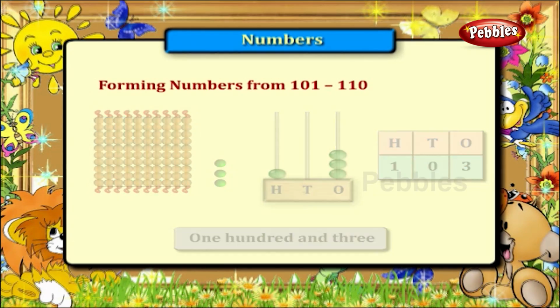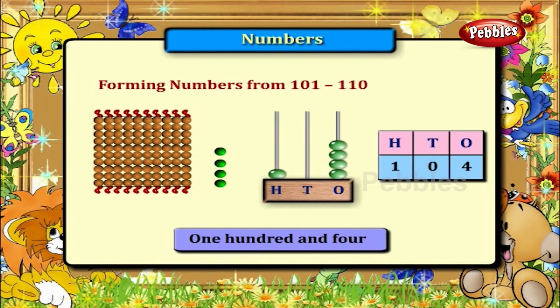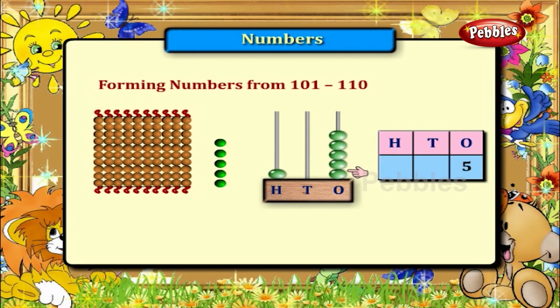103. We have four beads in the ones place. Again, no beads in the tens place, and one bead in the hundreds place. This is number 104. We have five beads in the ones place, no beads in the tens place, and one bead in the hundreds place.